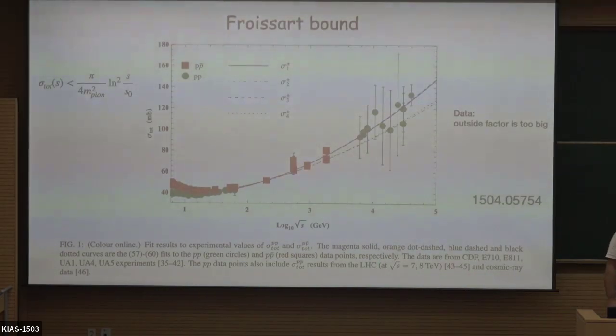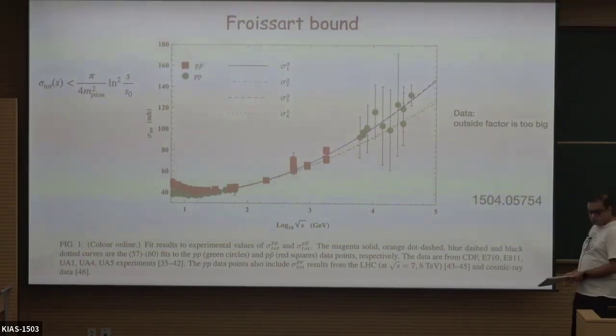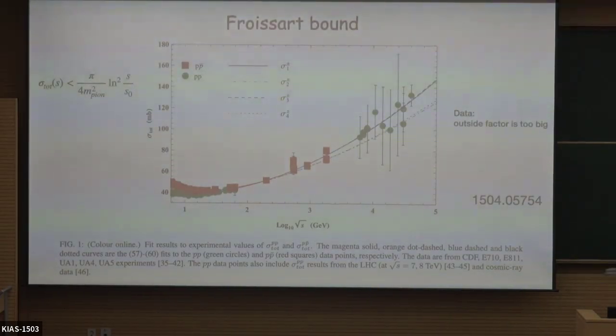So that is one of the motivations why examining high energy bounds is interesting. And in fact, in the conference, there is going to be a talk by Andrea Guerrieri on this Froissart bound bootstrap. Are there any questions? So then I'll just switch the screen off and go to the board.